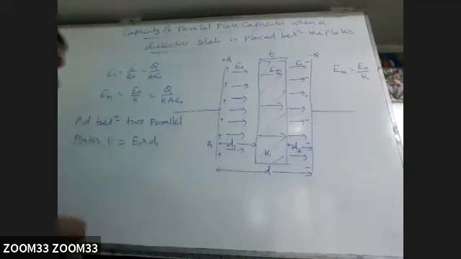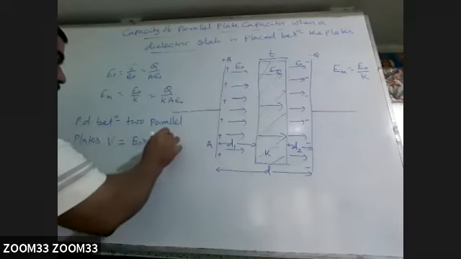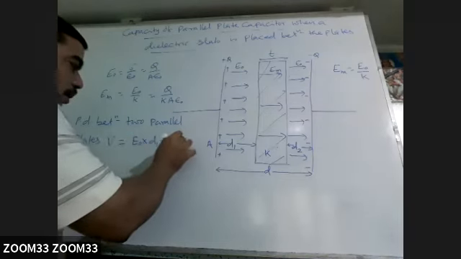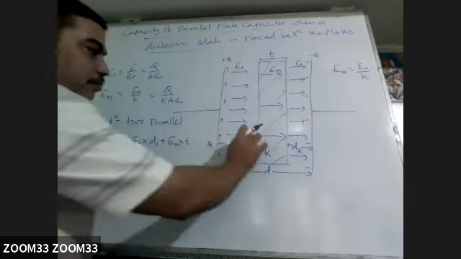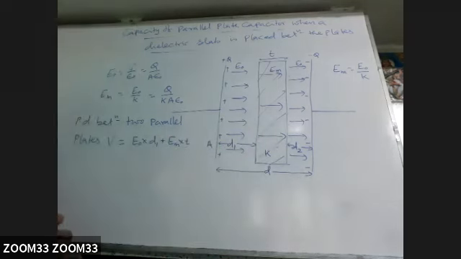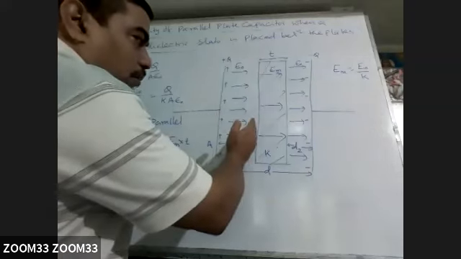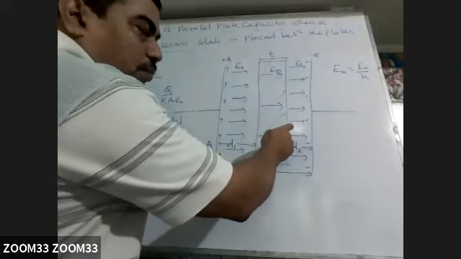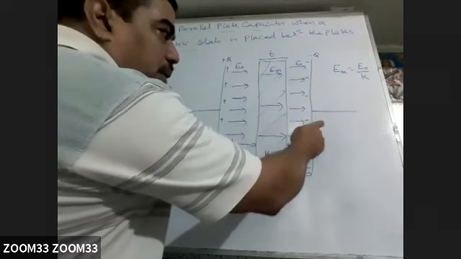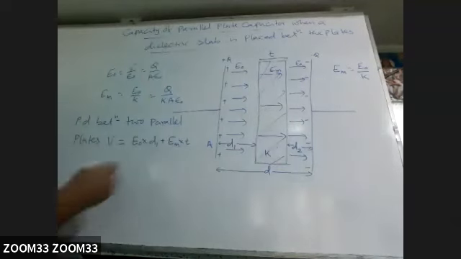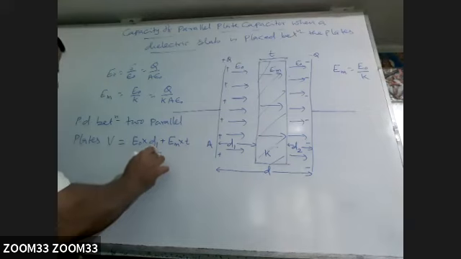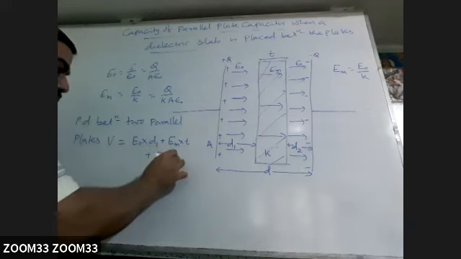Now plus EM into T, the potential difference across the slab, because the electric field is in the same direction. This will be higher potential, this is lower potential. Again, this is higher potential, this is lower potential. Plus E naught into D2.